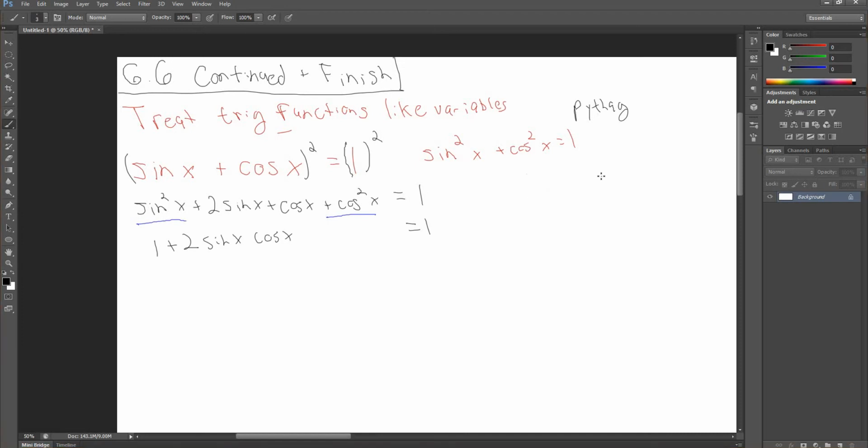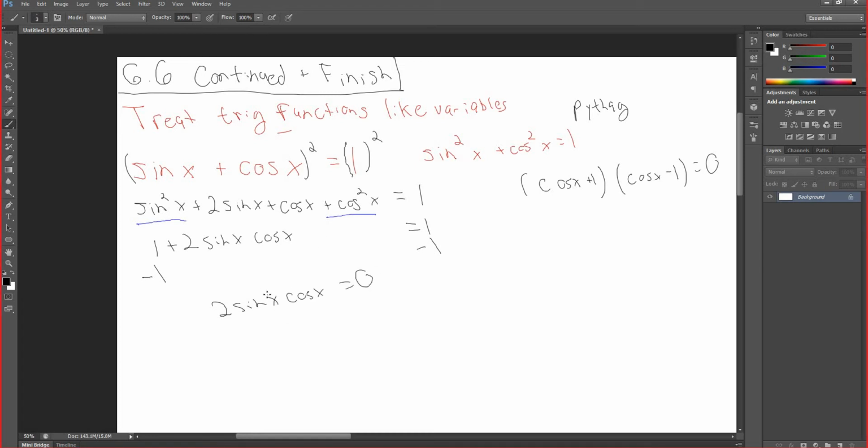Remember, if I wanted factors, I'd want things just in parentheses. Like before we had cosine x plus 1 and cosine x minus 1 equal to 0. If I can get factors on the left equal to 0, then I can solve this nicely. Well, I can just subtract the 1. Then I'll have 2 sine x cosine of x equal to 0.